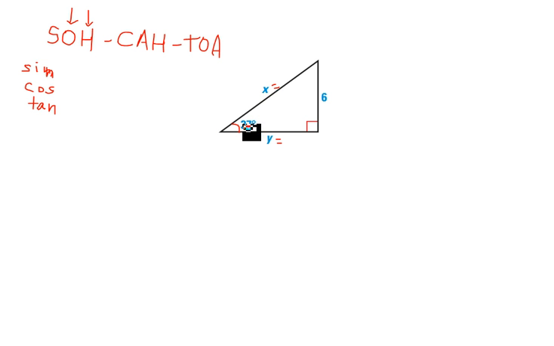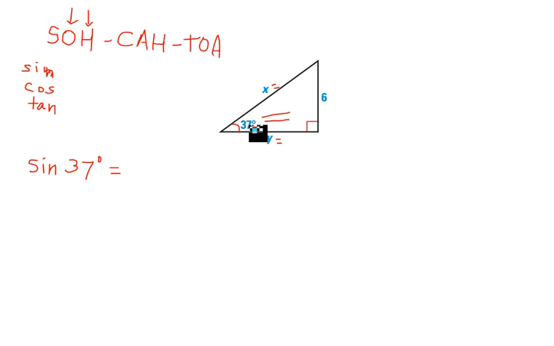So we take the sine of 37, and it's going to be the opposite over the hypotenuse.